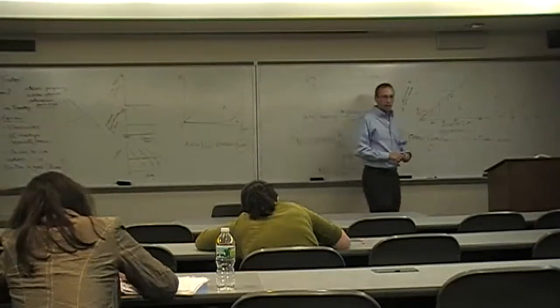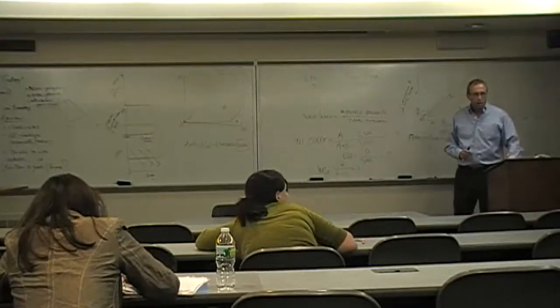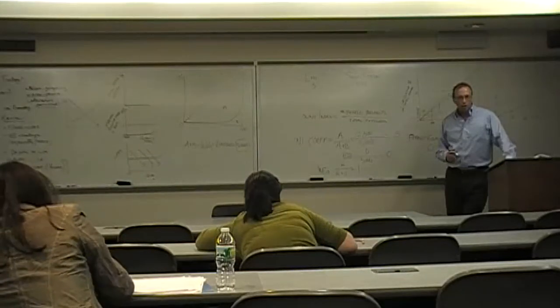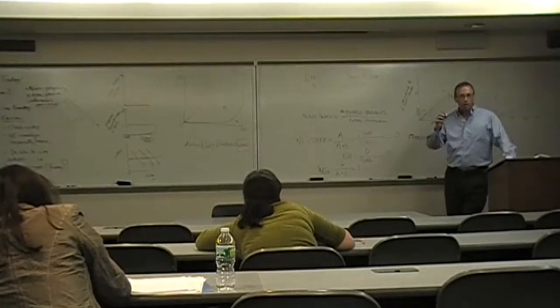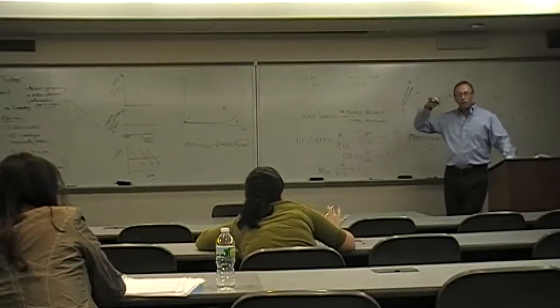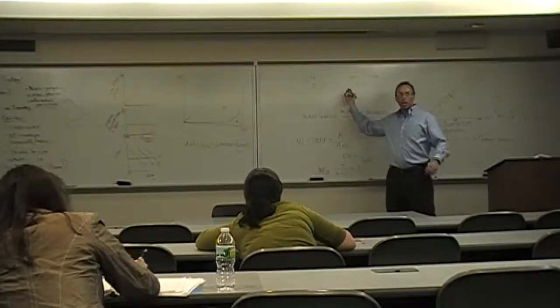Now I can say, perfect inequality is 1. Which one is more unequal? What does this mean, and why is that intuitive?